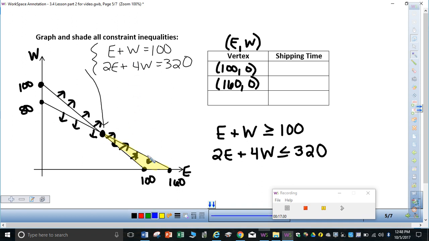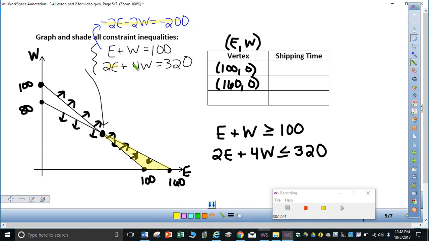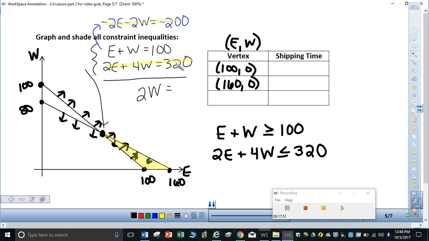If we do the elimination method, I'm going to multiply everything in the top equation by -2. You could have multiplied everything by -4. And I'm going to highlight the 2 that are going to be added together so that I don't get confused. -2E plus 2E is going to cancel out. -2W plus 4W is 2W. 320 minus 200 is 120.